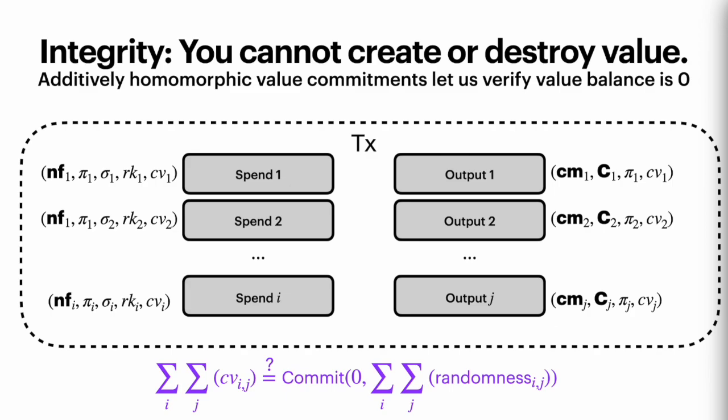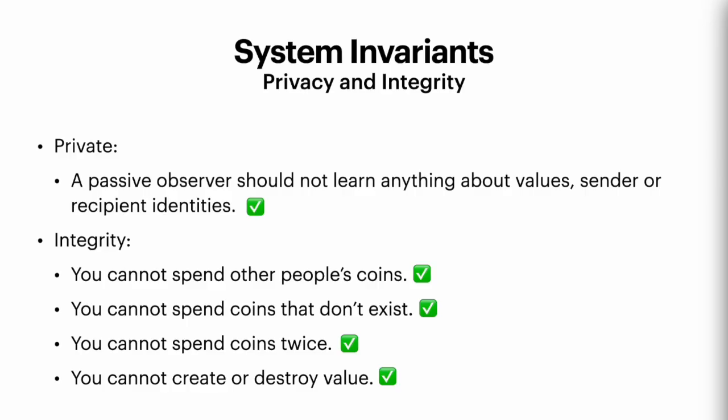The part we also need is the sum of the random blinding factors. We'll provide that as well on the transaction, the sum, not the individual ones, so that we can check this. And that is how we check the value balance. This is how we verify all of the integrity properties while maintaining privacy.